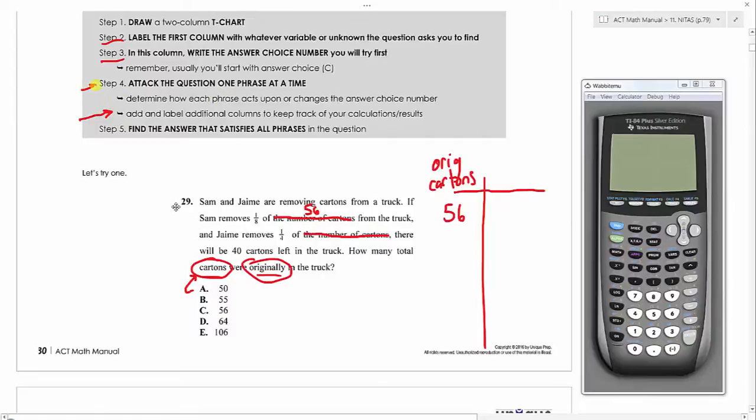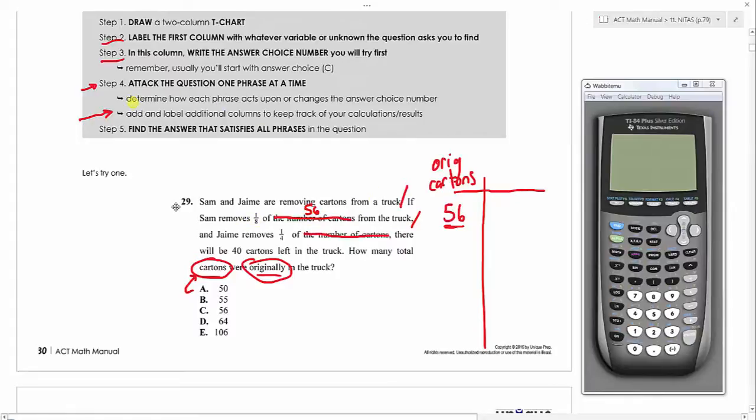So basically, I've just begun step number 4. I'm going to start attacking the question one phrase at a time, and I'm going to determine how each phrase acts upon this answer choice number that I just threw in. The first phrase just sets up what's going on here. We've got these dudes that are removing cartons from a truck.